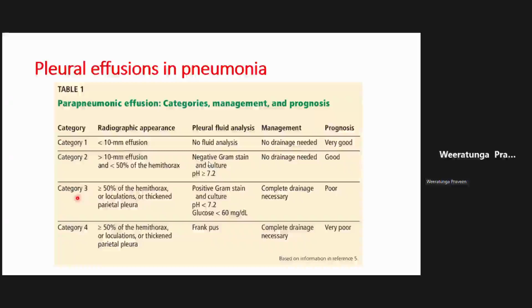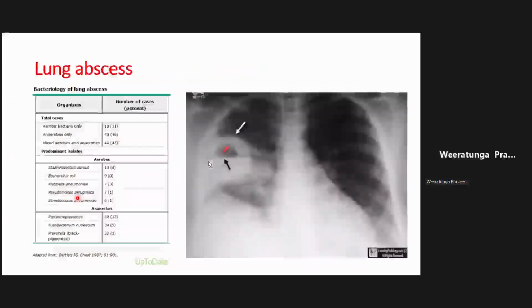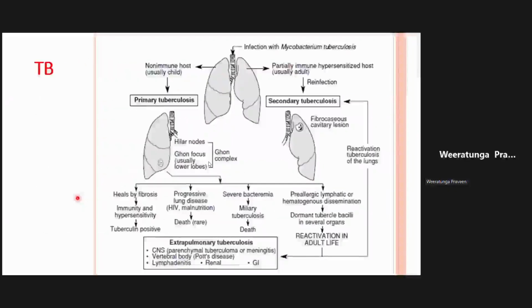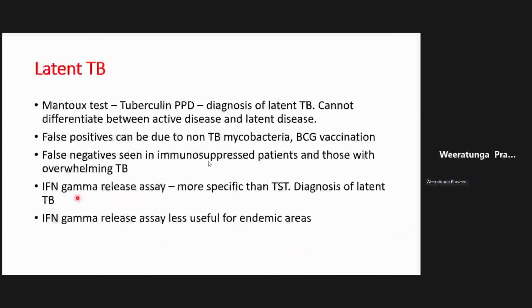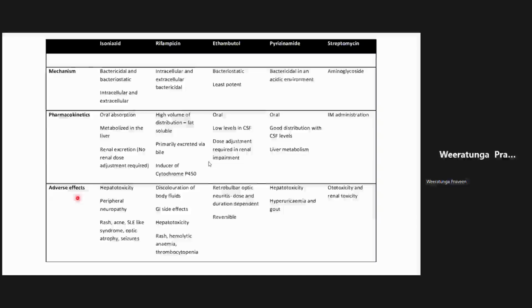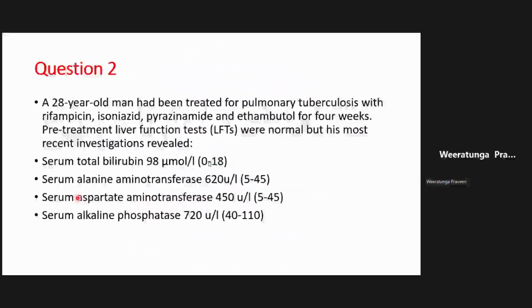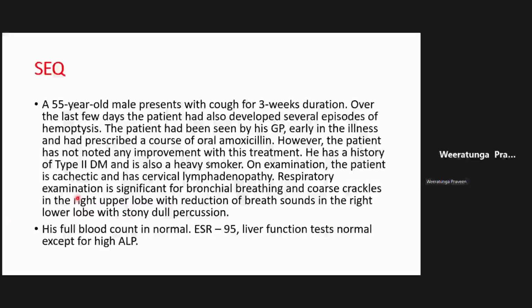Then pleural effusion; I'll talk about empyema in more detail because that's an important topic to know. Lung abscesses, bronchiectasis, and tuberculosis, anti-TB drugs and diagnosis again. When to use steroids, that sort of thing is frequently asked in MCQs. And this is a best response MCQ on what to do in drug-induced hepatitis.